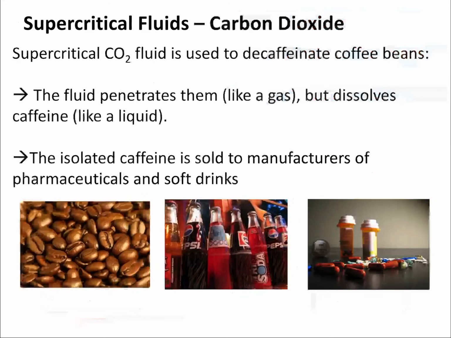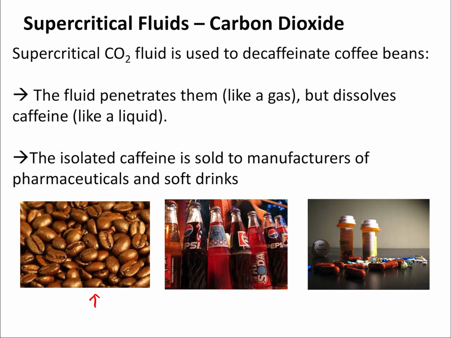All right. So supercritical fluids are actually used industrially for several processes. They are often really good at dissolving things because of the high pressure and temperature. In particular, carbon dioxide has quite accessible critical temperatures and pressures. And so supercritical carbon dioxide is often used to decaffeinate coffee beans.